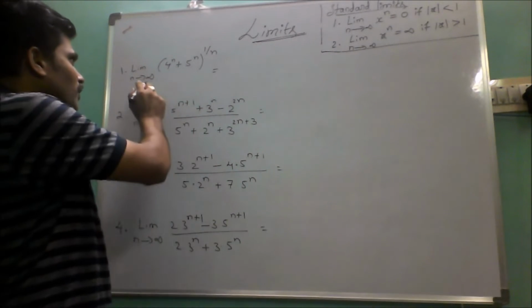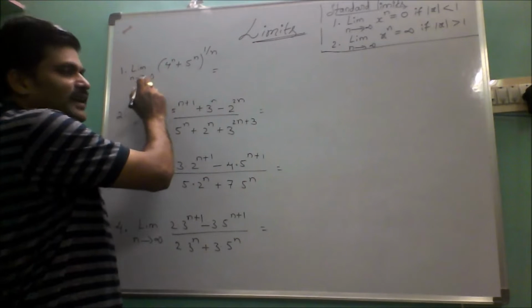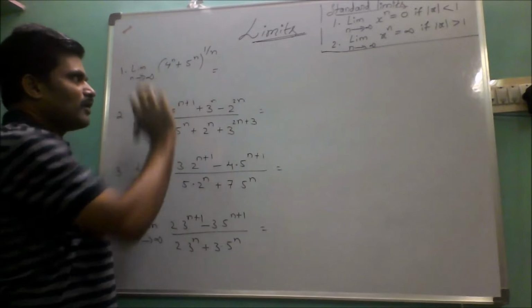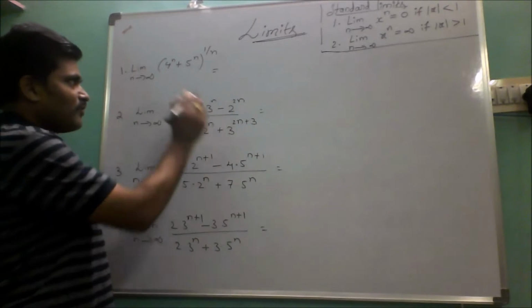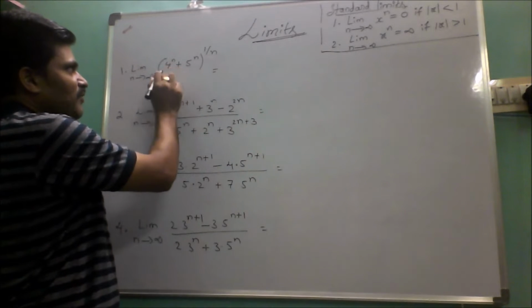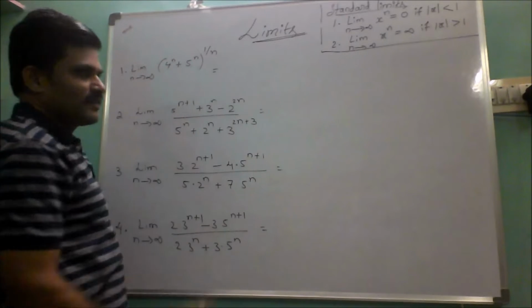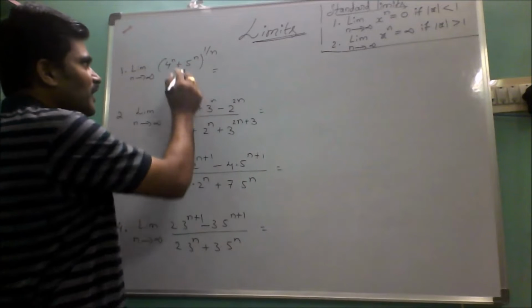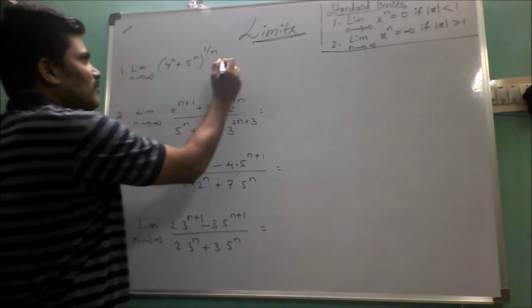The first problem is limit n tends to infinity (4 power n plus 5 power n) whole power 1 by n. First I observe that 4 and 5 contain power n. Here the greater value is 5. Now we take 5 common.